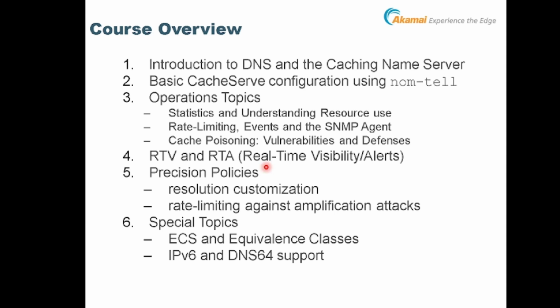We spent a lot of time in the AuthServe course already looking at the architecture of typical deployments, so we won't go over that in too much more detail. However, I'll just point out a few of the properties that make caching a significantly different type of function than authoritative service.